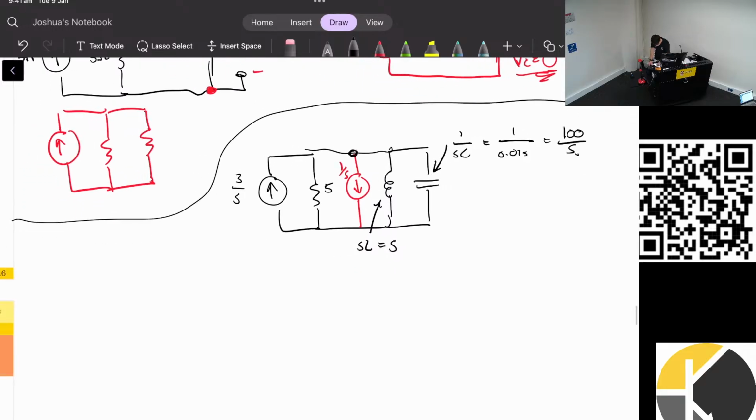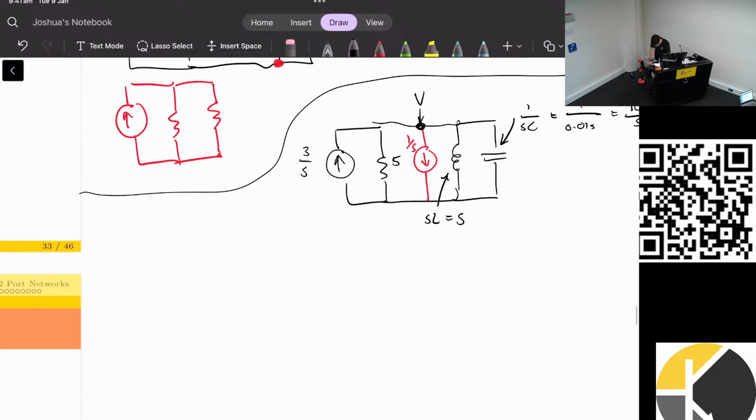So what I'll do is I'll use KCL at this node. I'll call this voltage V. The currents going into the node is this voltage, and I'll mark all of these as leaving. So we have 3 on S plus 3 on S equals, and then we have the current leaving, which is V on 5, plus 1 on S, plus S on 5, confusing myself.